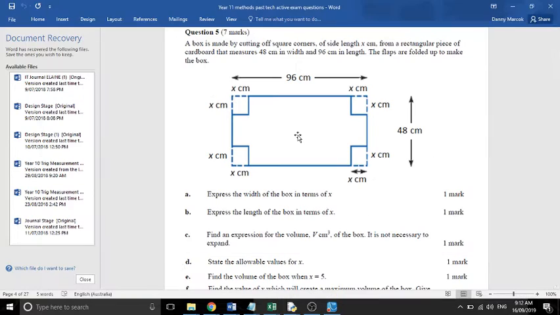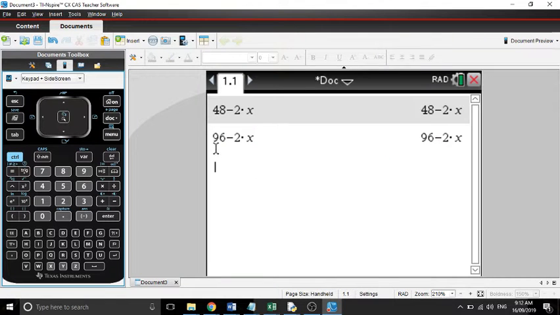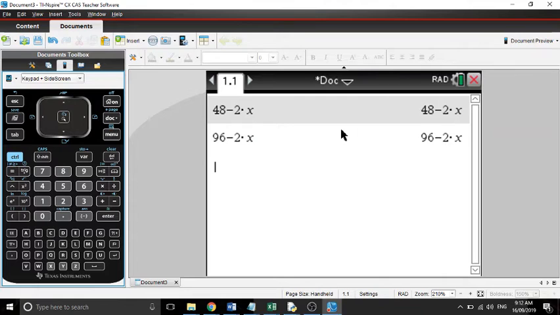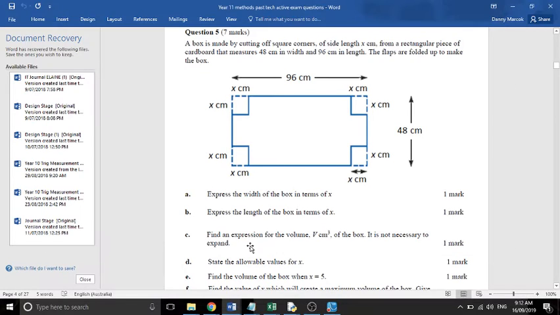So our volume is the area times the height. This is our area, this times this, and if we're folding up these four sides, we've got a height of X. We need to define it.